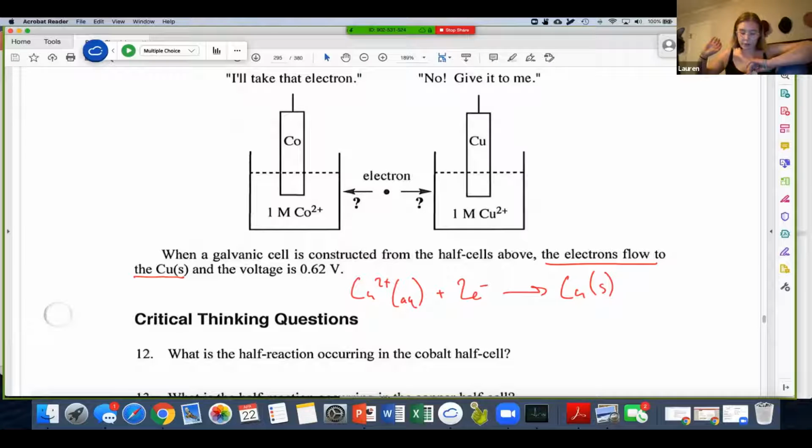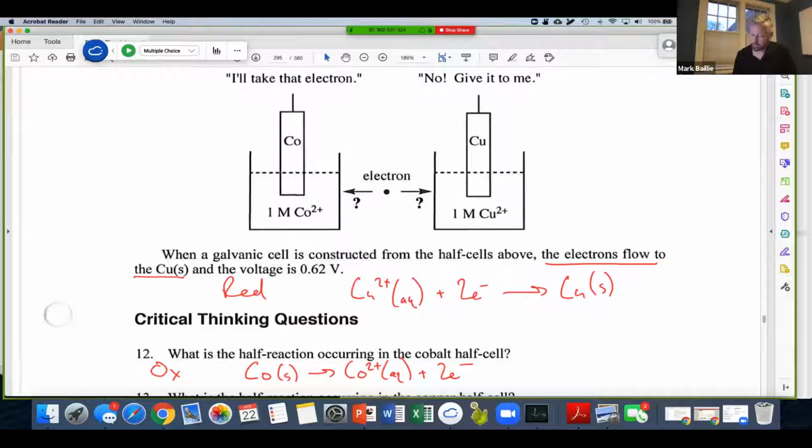And then with the cobalt, it's being oxidized, so solid cobalt produces Co2+ aqueous plus 2 electrons. Great. So the key to this reaction was if we know which direction the electrons flow, we know what's giving up and what's receiving electrons. So that's step number one.